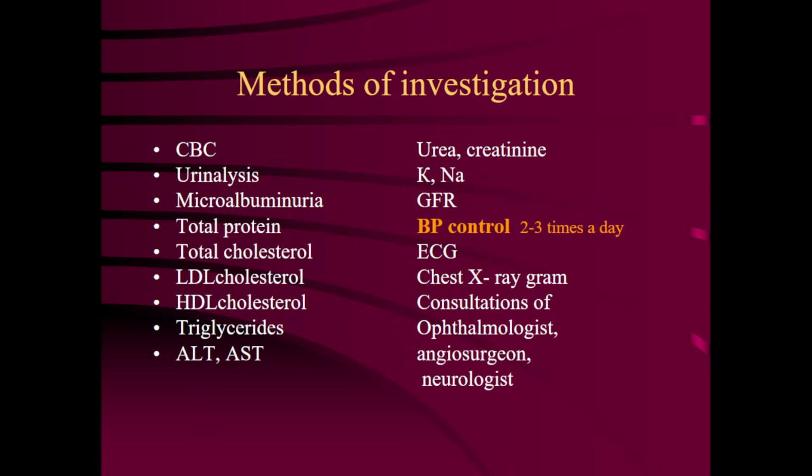We should ask about the present history, the past history, and analyze the patient's answers and draw the proper conclusions. And what about methods of investigation? You can see CBC, complete blood count. Yes, it's obligatory, it's important. Urinalysis, what can you detect in urinalysis? Glucosuria can be detected. Maybe acetonuria, if your patient suffers from diabetes mellitus type 1, and if there is ketoacidosis.